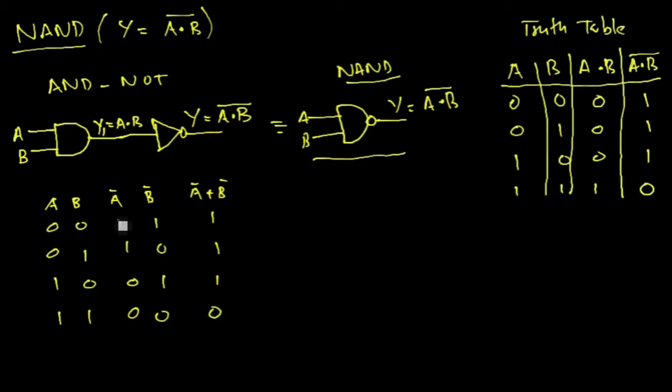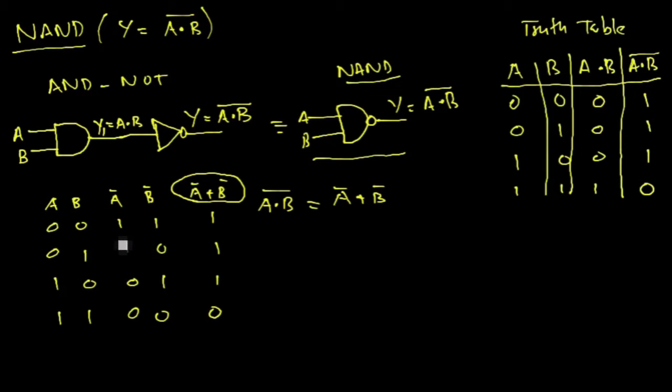So this circuit, A complement or B complement, gives the same output as (A and B) all complement. We can say that (A and B) all complement has the same form as A complement or B complement.